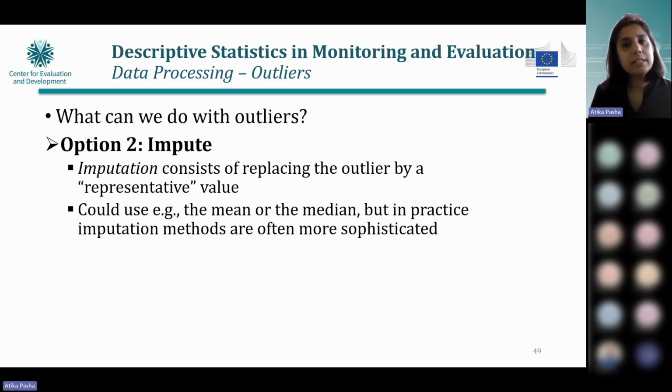So you would either replace the 6,000 with 885, which is the mean, or with 325, which is the median. In practice, the more you work with data, the more likely you are to use more sophisticated methods, such as even regression analysis, which we will talk about in the session tomorrow.